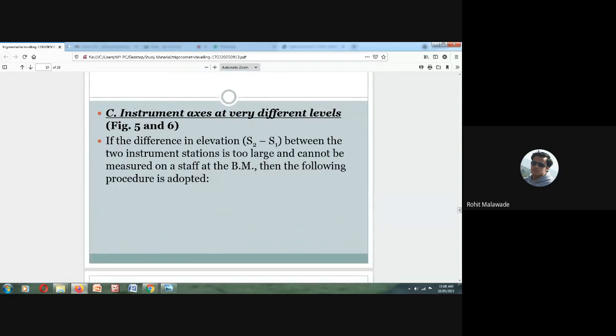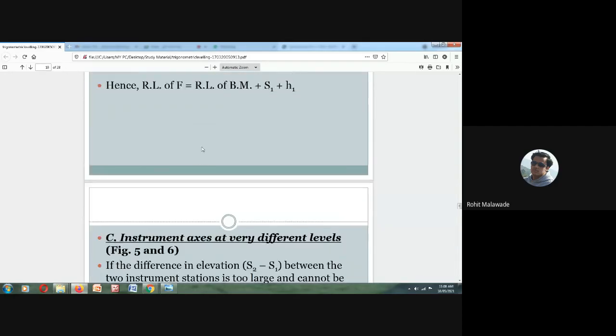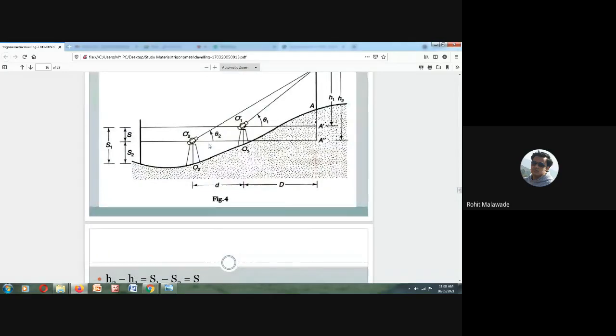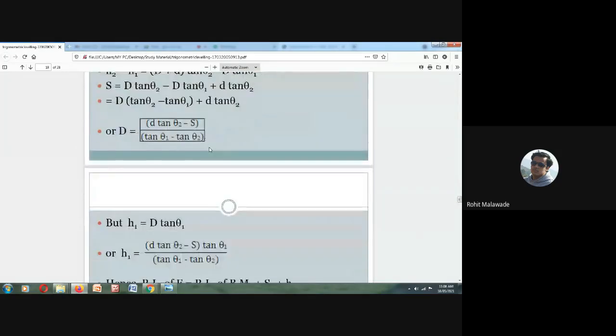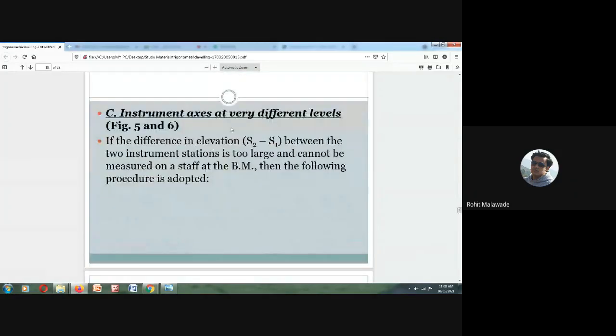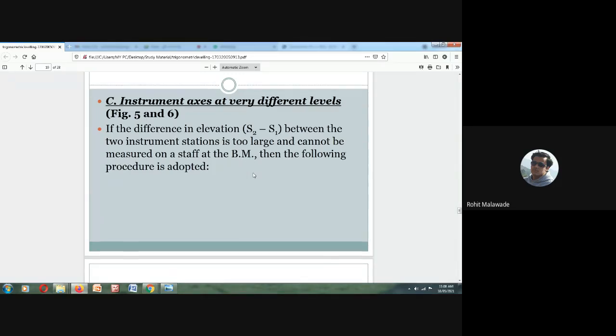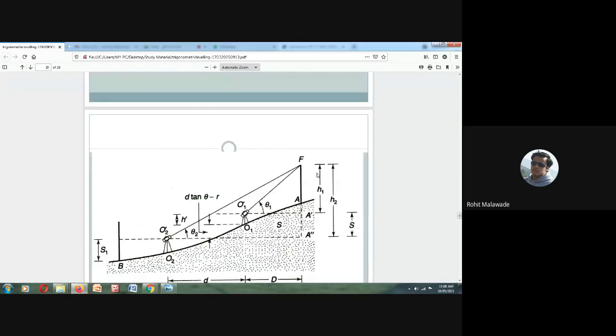Now, the next condition is when the instrument axis varies at different levels. If the difference in the elevation S2 and S1 between the two instrument stations is too large and cannot be measured on a staff at the BM, then the following procedure is adopted.